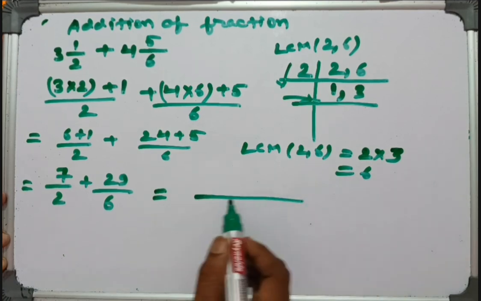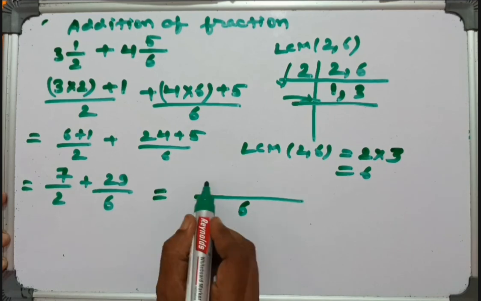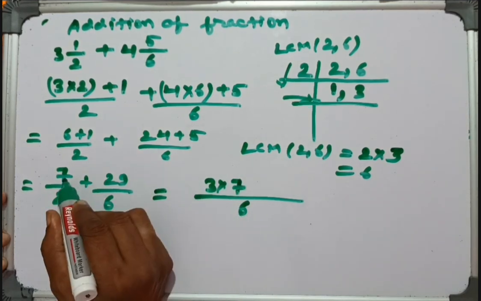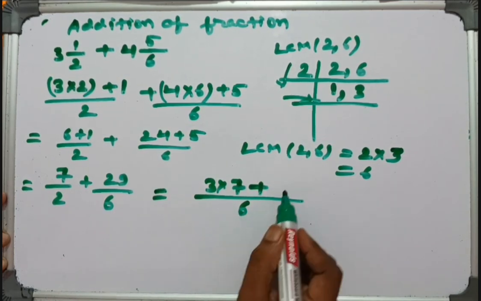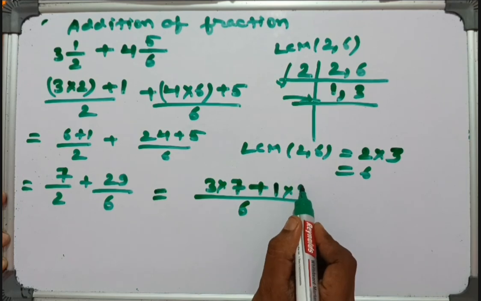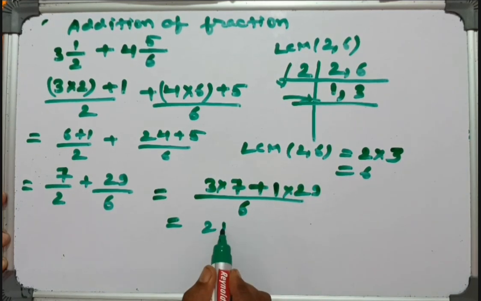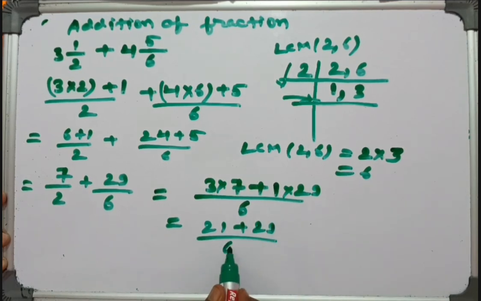In the denominator we write 6, then 2 3s are 6, so we multiply by 7, then plus, then 6 1s are 6, so multiply by 29. So this is 21 plus 29 by 6, then this is 50 by 6.